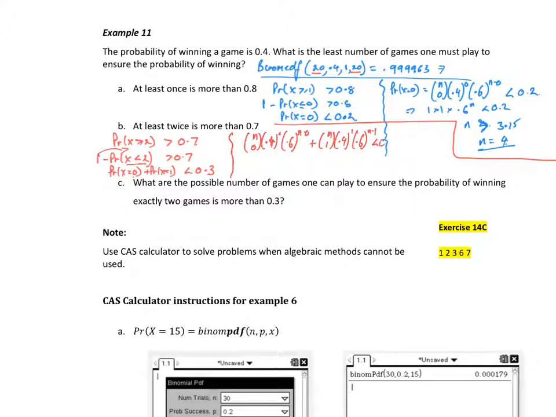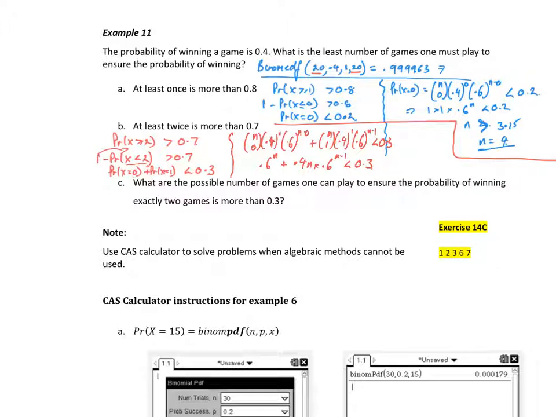That's got to be less than 0.3. So this first bracket gives me 0.6 to the n plus nC1 is just n, 0.4 to the 1 is 0.4, so 0.4 n times 0.6 to the n minus 1 has to be less than 0.3.